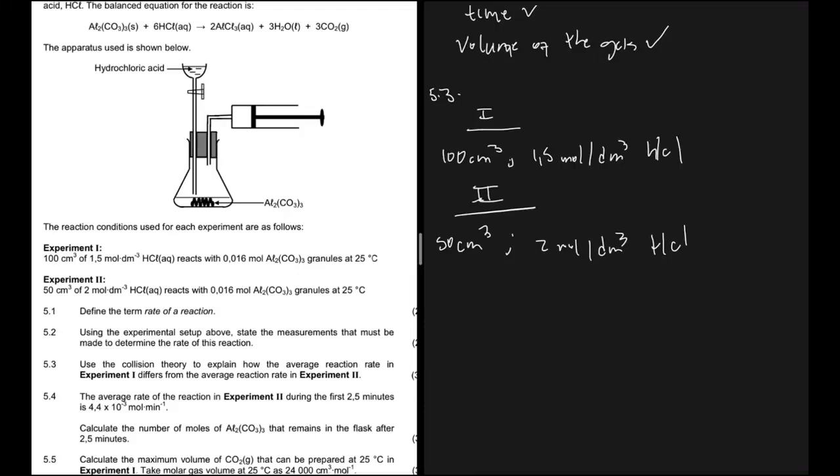So here you can see that there's less volume, right? Less volume will mean greater concentration, because concentration is inversely proportional to volume. And then here we have more volume. So the rate of reaction of experiment 2 is greater than the rate of reaction of experiment 1.